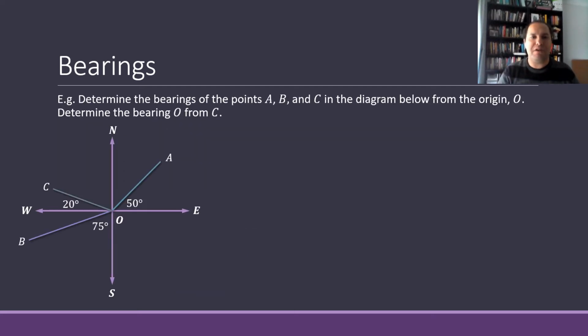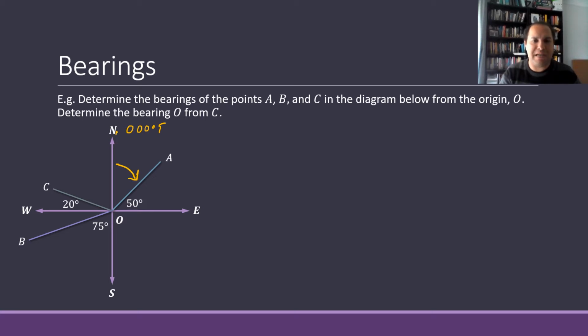Let's do some other examples. Determine the bearings of the points A, B, and C in the diagram below from the origin O. There's another part there, determine the bearing of O from C, so going in reverse. But let's do them in order. First, the bearing of point A. Remember, north is 000 degrees true, and then we measure clockwise.